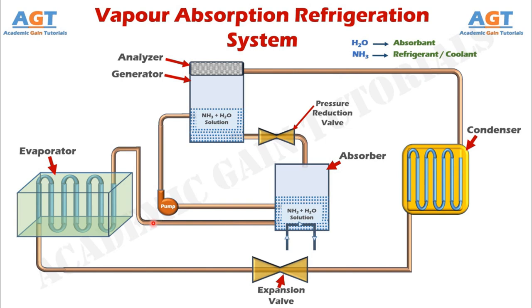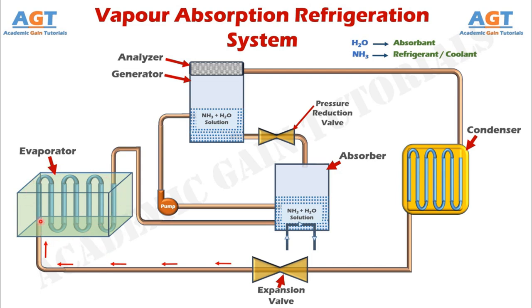Now, let's start with the detailed function of the evaporator. Very cold, chilled, low temperature liquid ammonia coming out of the expansion valve enters these evaporator coils through this connected pipe. We all know that the main cooling effect or refrigeration effect always occurs in the evaporator. So, when this low pressure, very cold liquid ammonia enters the evaporator coils, it will absorb all the heat present on the surface of the evaporator coils.